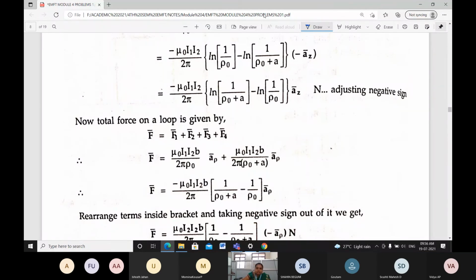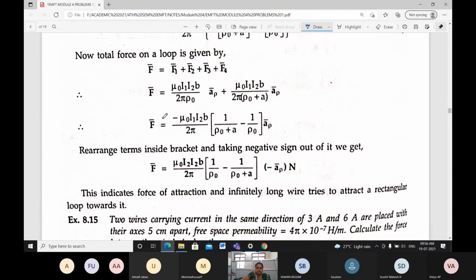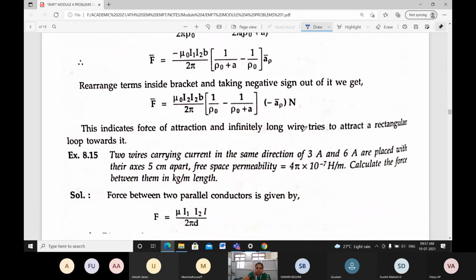Then go on adding all, you will be getting F as mu naught I1 I2 B divided by 2 pi rho naught into a rho plus mu naught I1 I2 B divided by 2 pi rho naught plus A into a rho. Then simplify, F is going to be minus mu naught I1 I2 B divided by 2 pi, remaining is 1 by rho naught plus A minus 1 by rho naught, the whole into a rho.